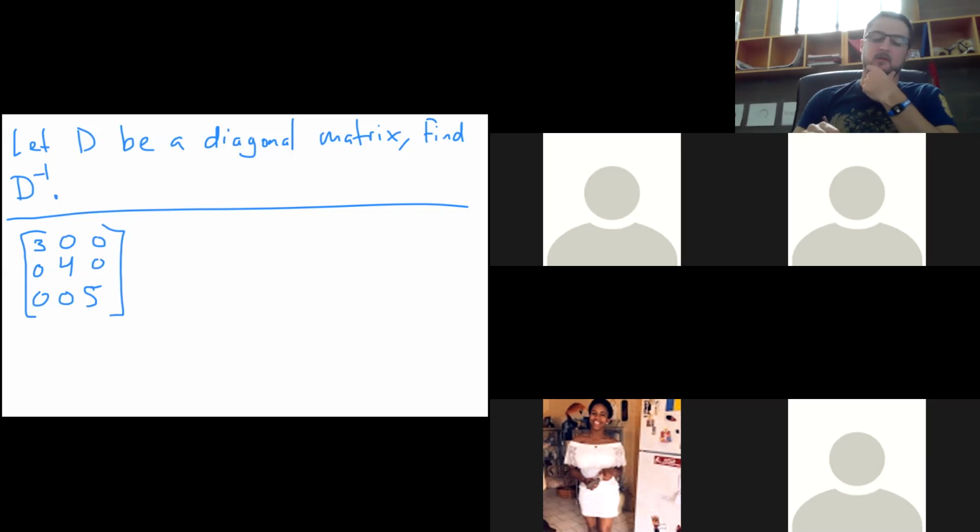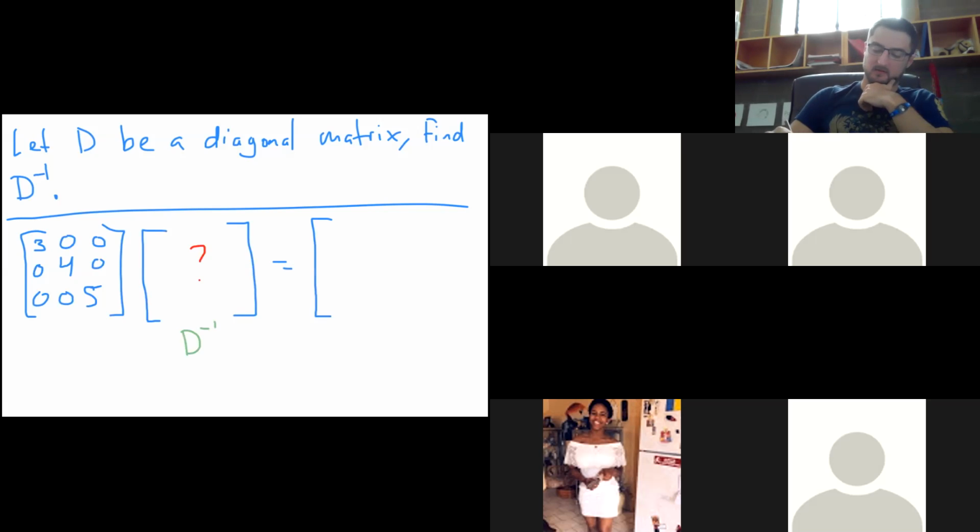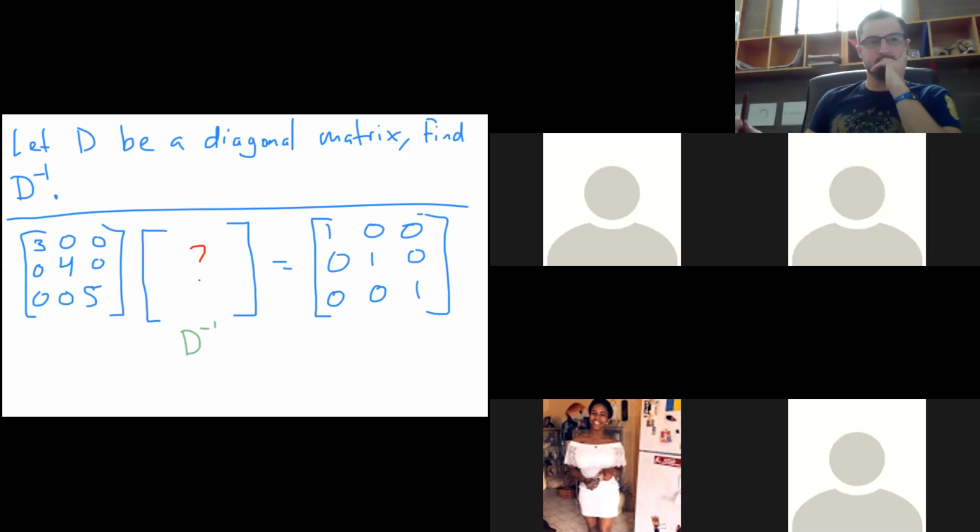I want to figure out, what matrix should I multiply it by, which will end up being my D inverse, such that I end up with the identity matrix: 1, 0, 0, 0, 1, 0, 0, 0, 1.